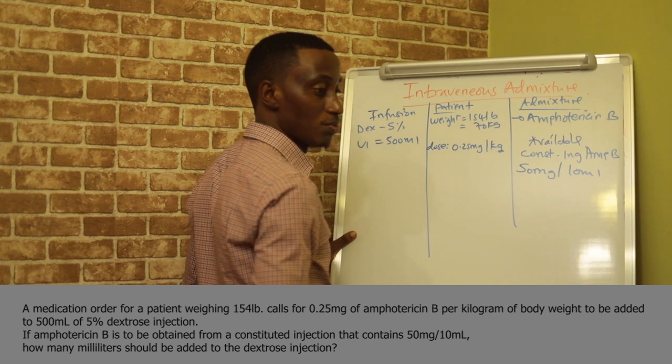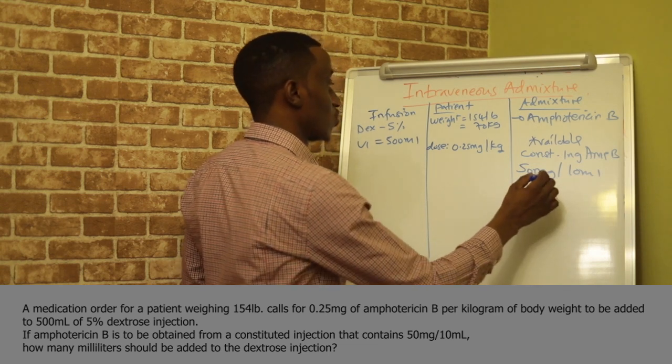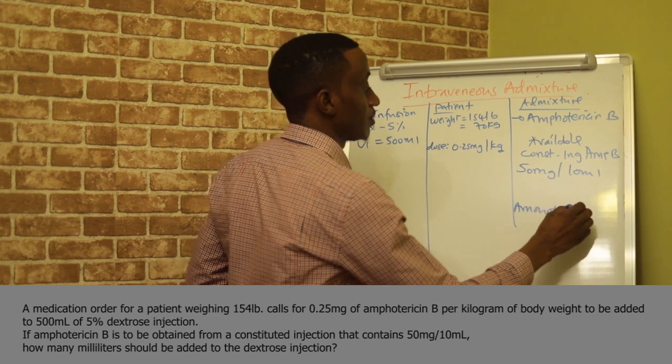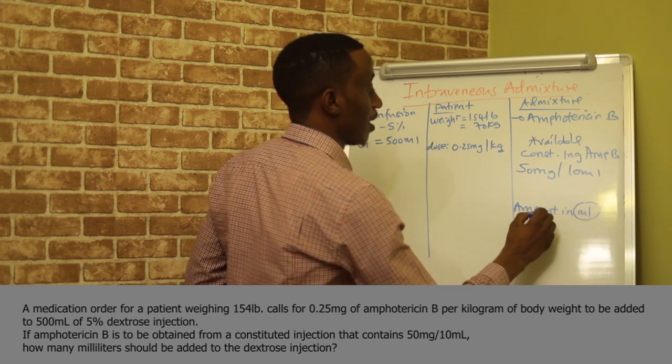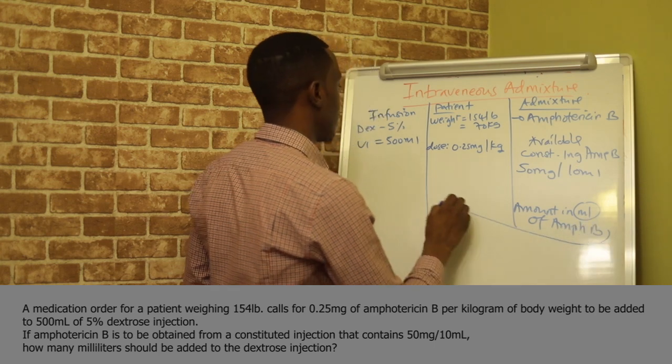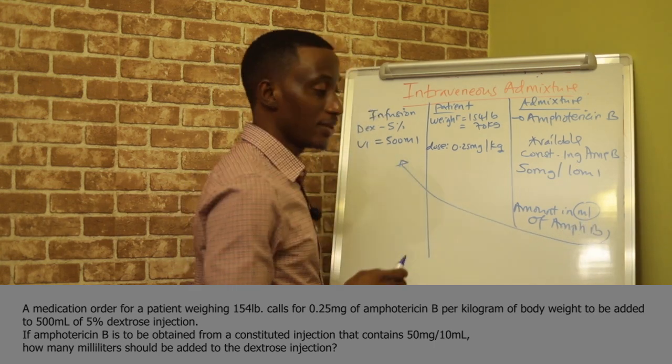How many milliliters should be added? So we need to know the amount in mils of amphotericin B to be added to dextrose, then delivered to the patient.